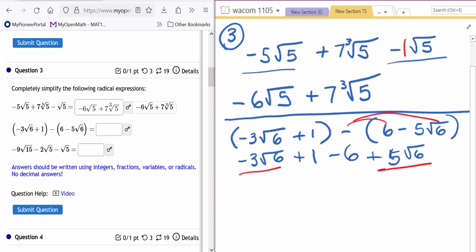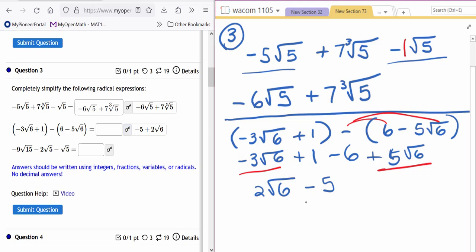So 5 minus 3 is 2 times the square root of 6. And these constants, negative 6 plus 1 will be a negative 5. All right, and they've just switched the order, which is fine as long as you keep your right signs with the right pieces.